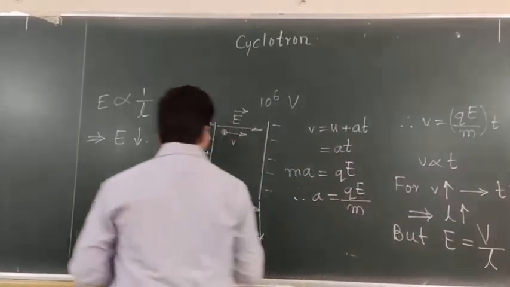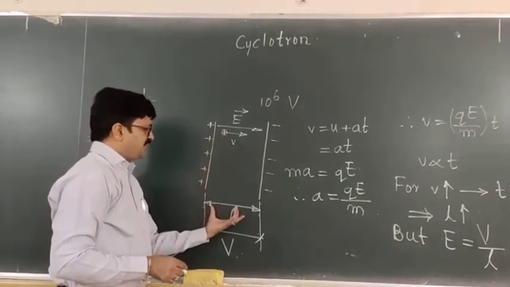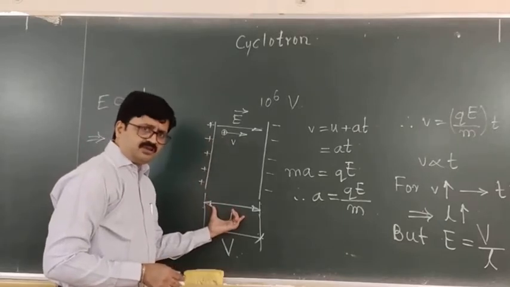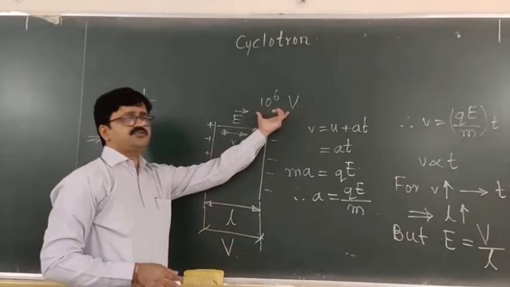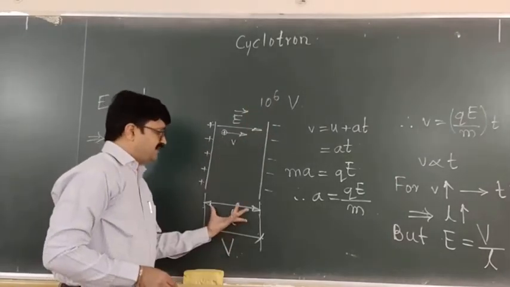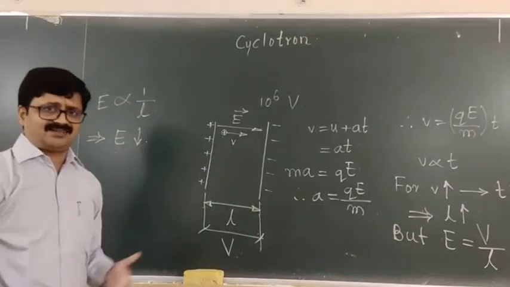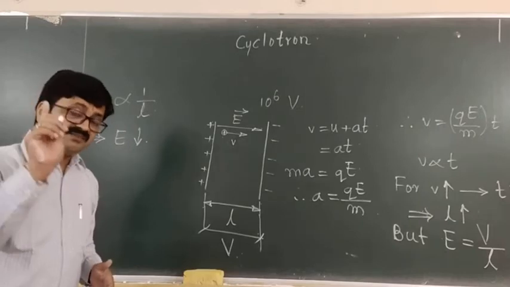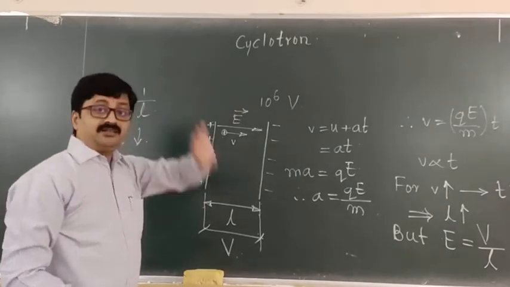Now, as you notice, my dear friends, the length cannot be increased in order to increase the potential difference, because if I want to get a potential difference of the order of 10 raised to 6 volt, obviously the length cannot be increased, because if the length is increased, the electric field will decrease. And this is the difficulty that was solved by inventing the cyclotron.